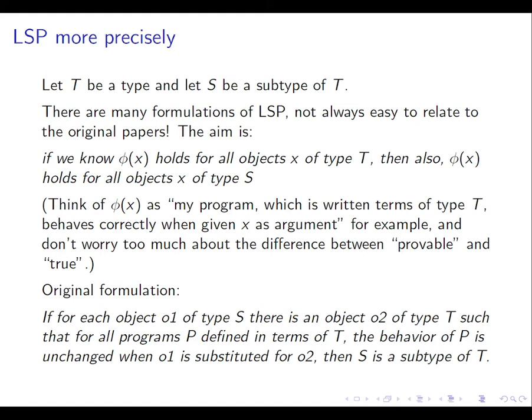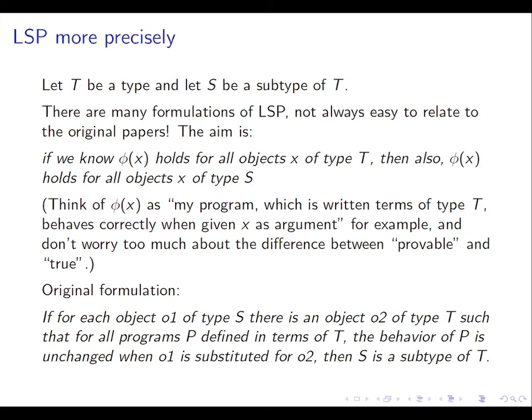Okay. Then also phi of x holds for all objects x of type S. So in our example case, the banking application should also work correctly for any object x, say, of type special customer. Okay.